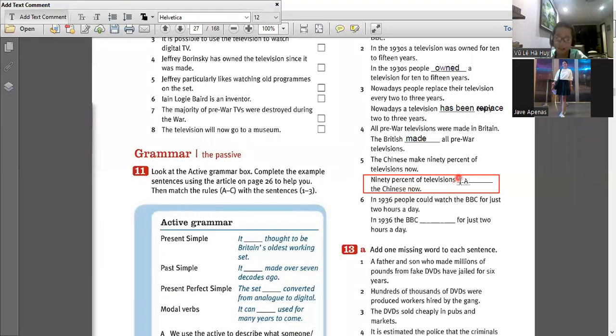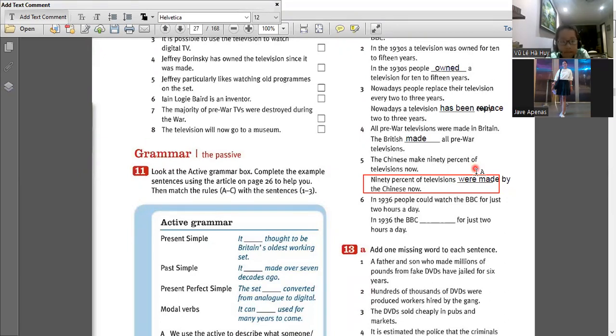Were made in. "In" is for place use, only for place. "Were made" is correct, and then 90% of televisions were made by the Chinese.